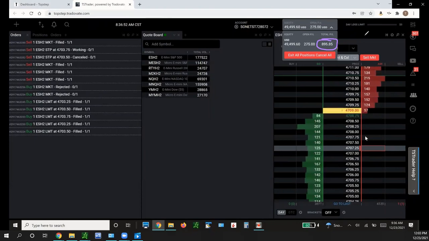And you can see the difference between the open P&L and the total P&L. It's close to $300, or I'm sorry, $500. So I'm guaranteeing myself about a $500, $600 profit.